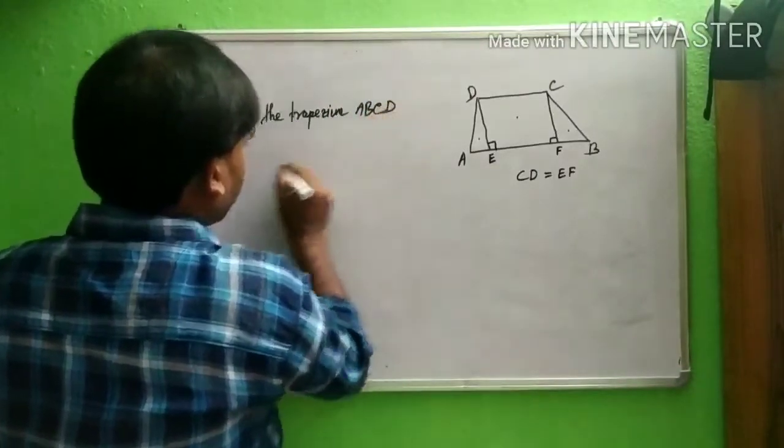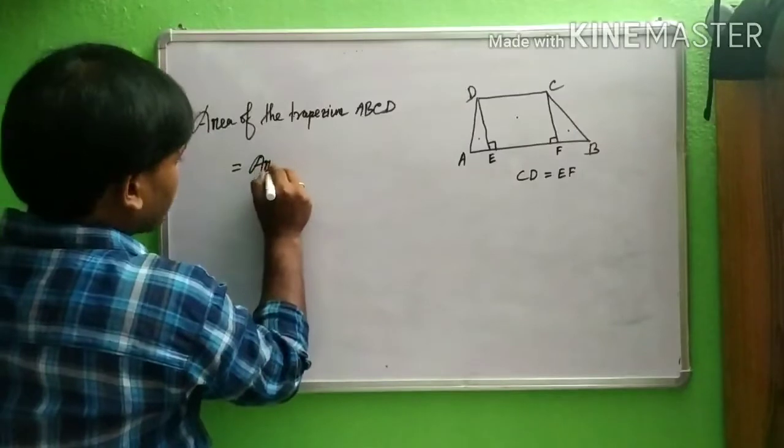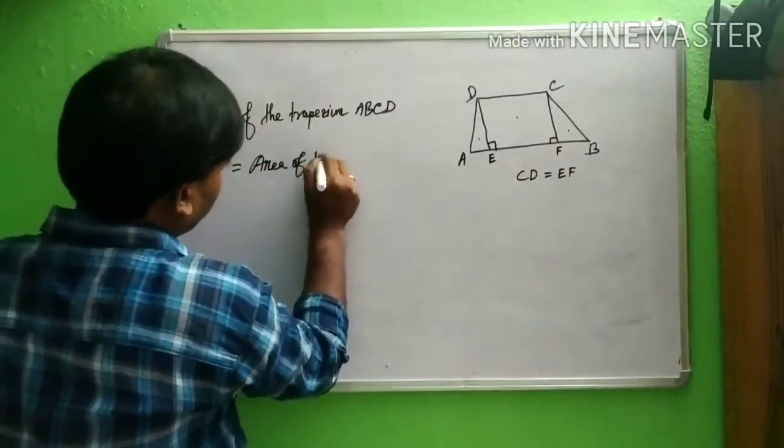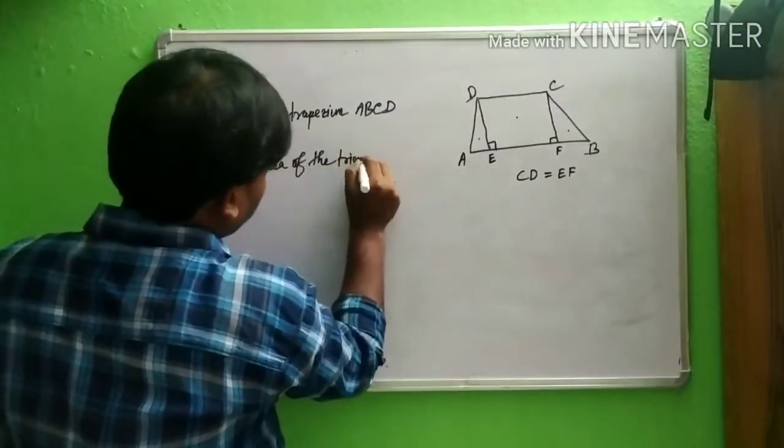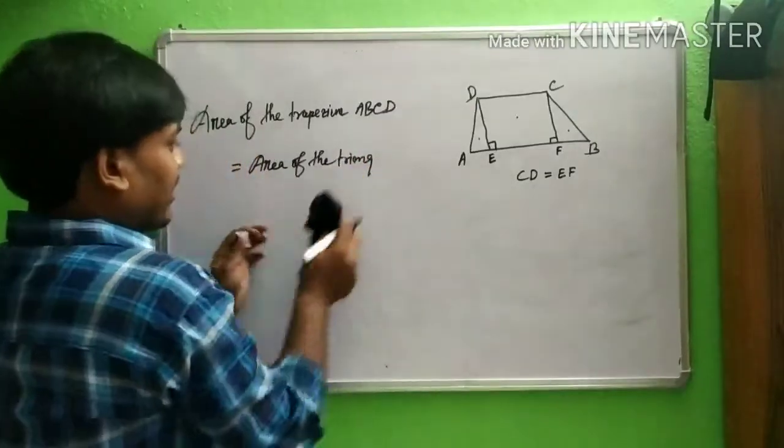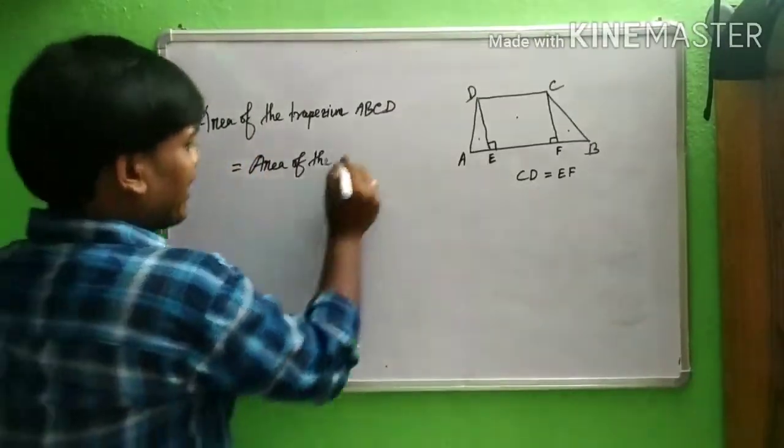So area of the trapezium ABCD is equal to area of the triangle. No need to write triangle, I define it here symbolically.